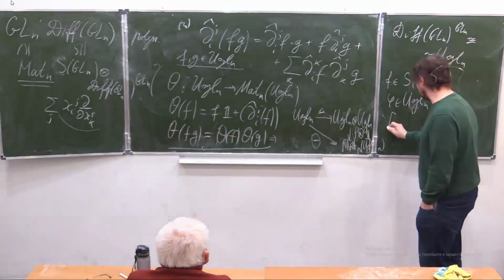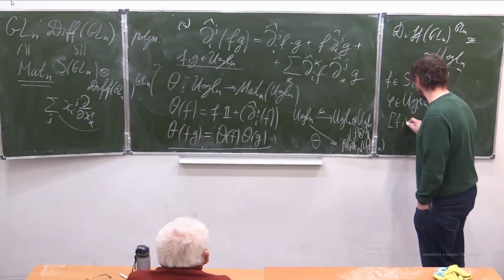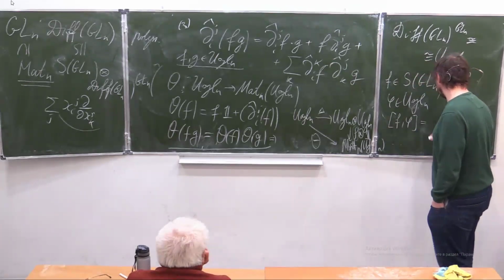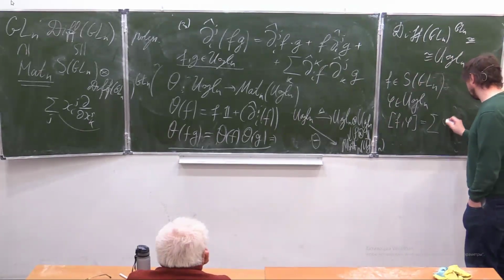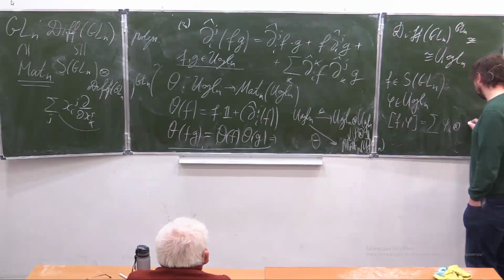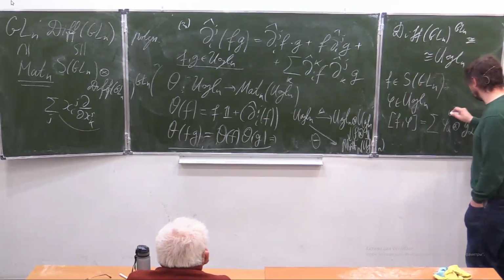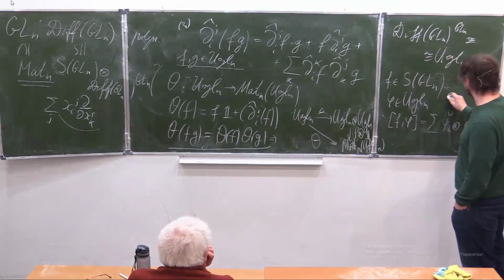Then you can do the following trick. Take the commutator of f and phi, a commutator of two differential operators. This is a differential operator of degree 0, and this is a differential operator of some order. You decompose it as certain elements, sum of psi alpha tensor g alpha, where these are functions.